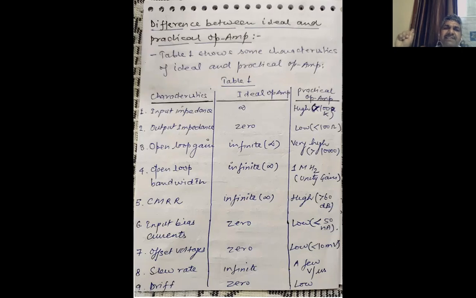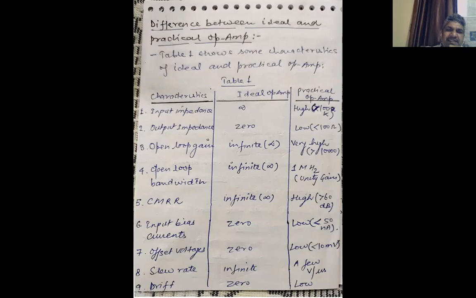The next characteristic is open loop gain. For an ideal op-amp it is always infinity, but for a practical op-amp it is very high, of the order of greater than 100K. The next characteristic is open loop bandwidth. It is infinity for an ideal op-amp, but for a practical op-amp it is 1 megahertz.